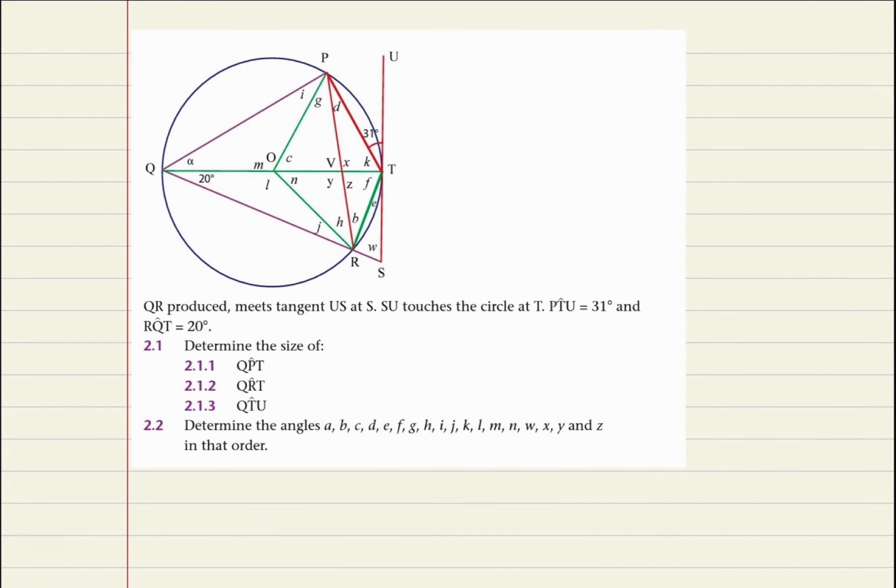Now, this is a keyword. It is QR. Where is Q and where is R?